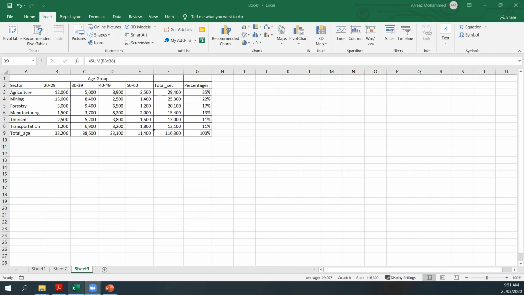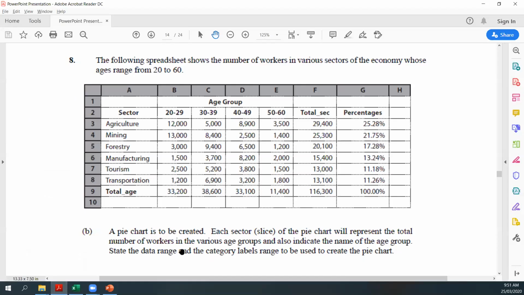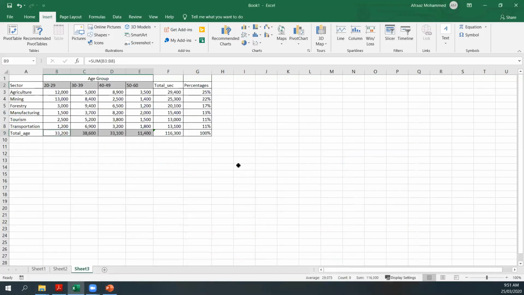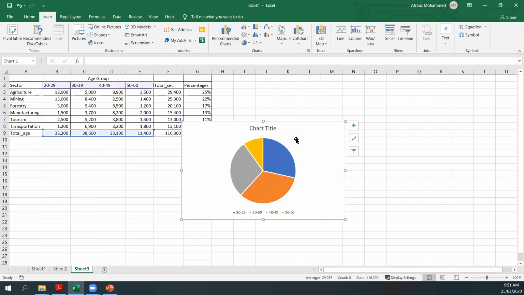Yeah. Okay. Good. So going back to the question, each slice of the pie chart will represent the total number of workers in the various age groups and also indicate the name of the age group. And if you remember correctly, we said B2 to E2 will be the different categories or the names, and B9 to E9 will be the totals. If we map this up in Excel and then we do a pie chart, right?